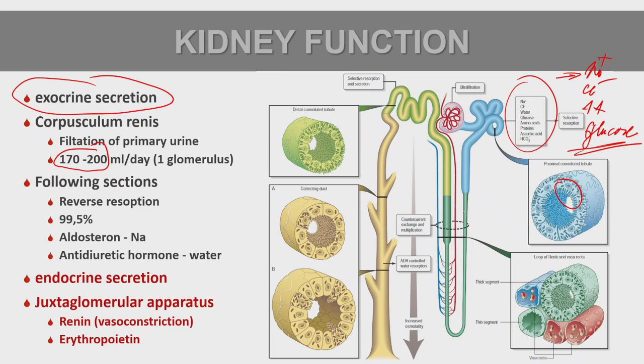Then somewhere here, you are in the situation where the water is back resorbed because there is a different osmotic pressure here, and the definitive urine is then going to the distal part and going outside into the collecting system.